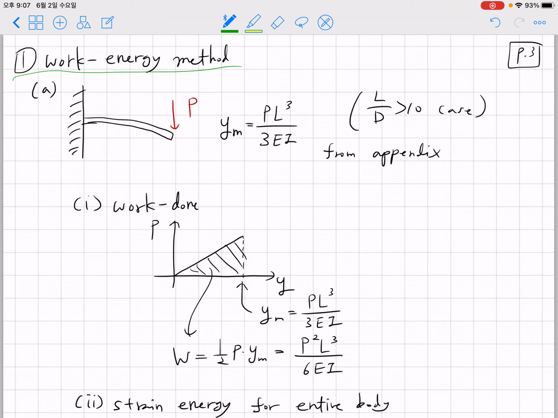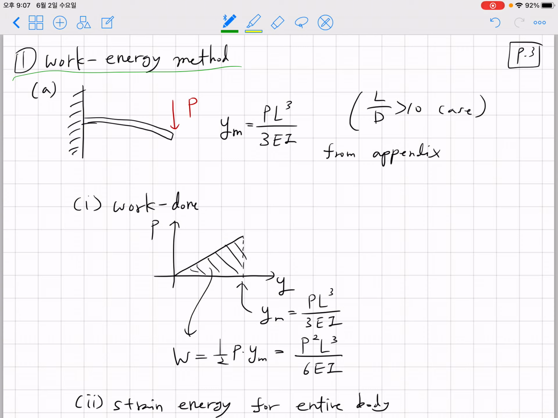So let's discuss the simplest possible problem to explain the work energy method and the equivalence between work and energy. Even though I give it a fancy name here, you already know the work energy method from freshman physics.